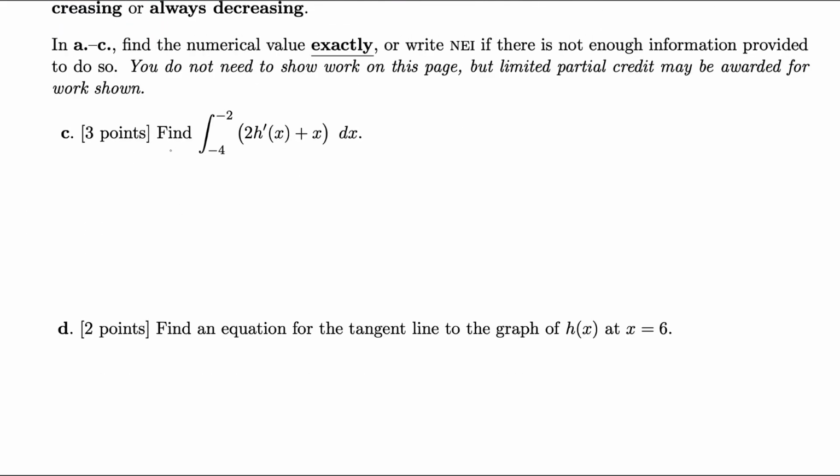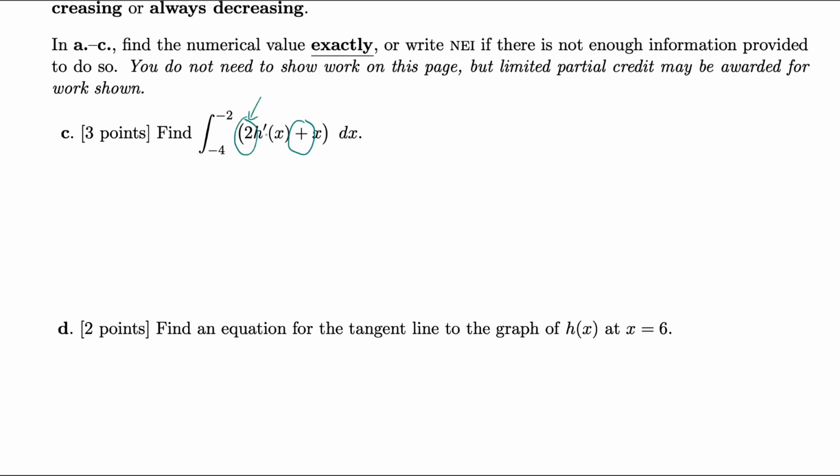So part C, we wish to find the integral from -4 to -2 of 2 times h prime of x plus x dx. And here for part C, we want to find the exact numerical value or write "not enough information" if there's not enough information. Here we see that we're adding functions and we're multiplying by just a constant.